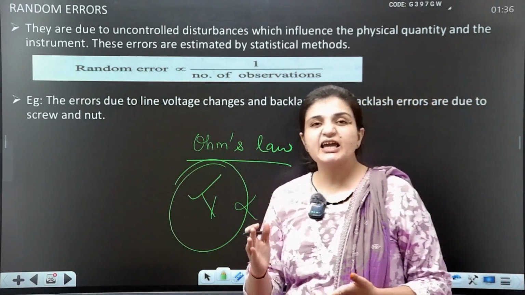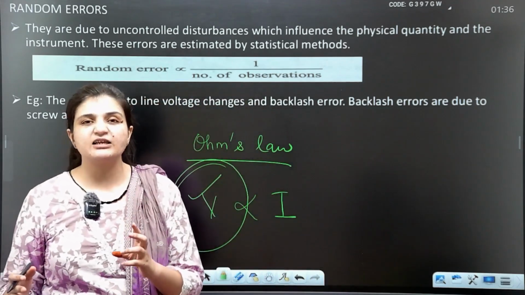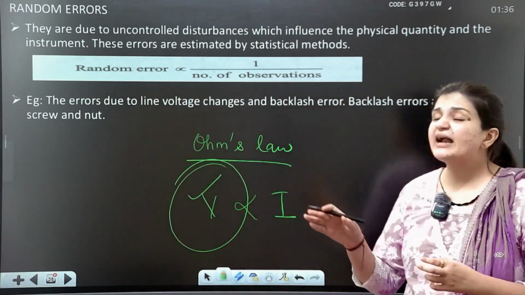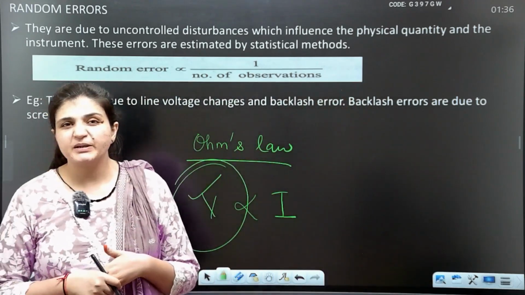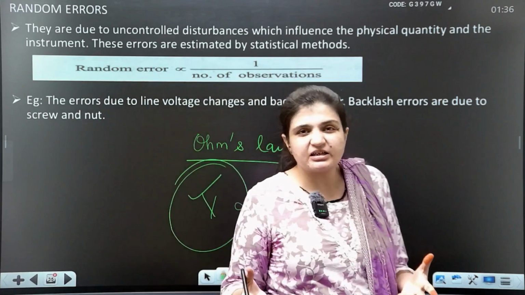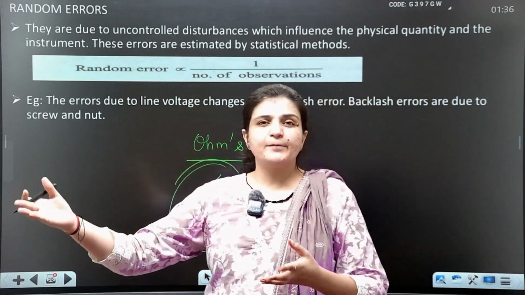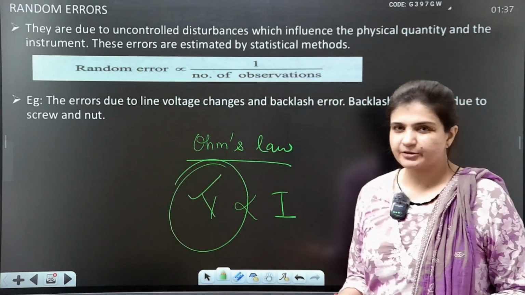So in systematic error, we can improve the technique and minimize the error. But random errors cannot be minimized. We don't know the reason behind it, but the error is coming. We don't know if it's going in the positive or negative direction. So the errors are coming out.